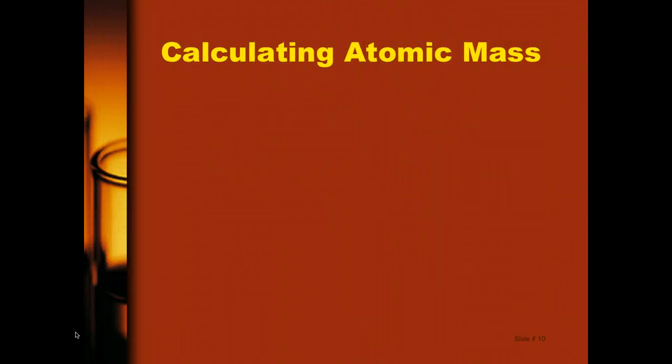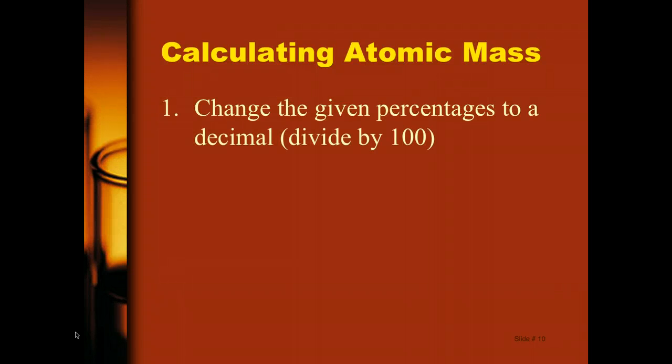Here's how it looks. Calculating atomic mass. Here are the directions. Change the given percentages to a decimal. You need to know percent abundance. If you're not given percent abundance, well then you're going to need to calculate it. How many atoms of that particular isotope are there out of all the atoms combined?